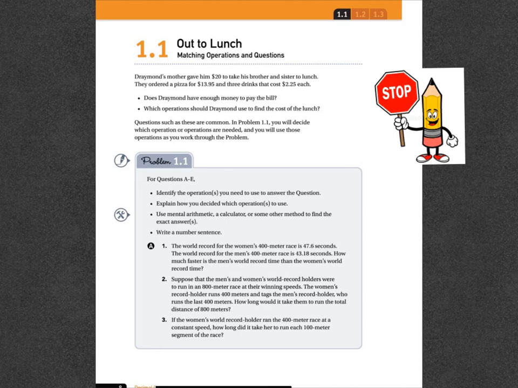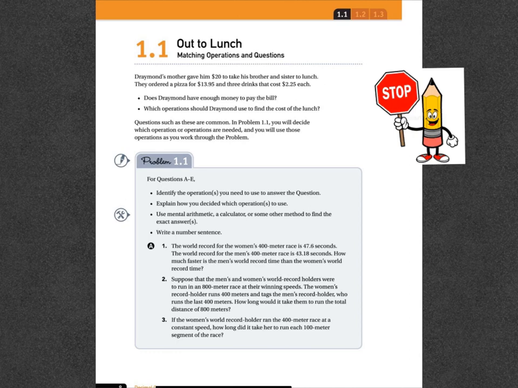So I had 14, add $6, right? So I'm at $20. But what I know is that each drink was a little over $2. So I already know that because I didn't round up, I rounded down, that I don't have enough money.